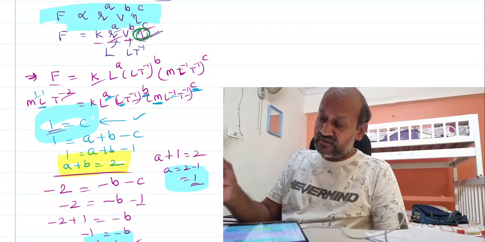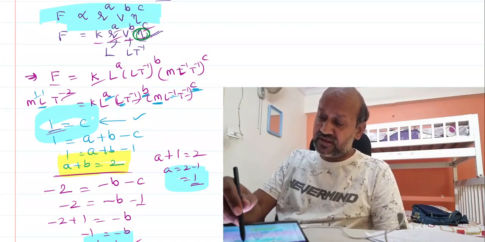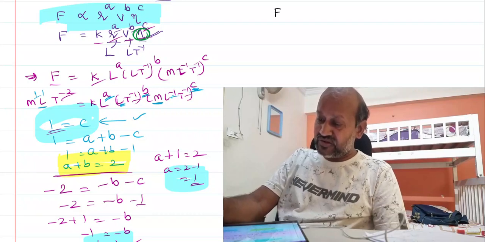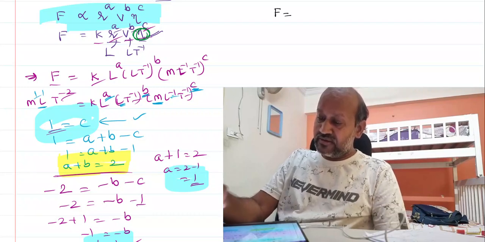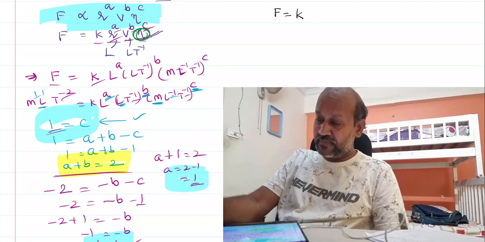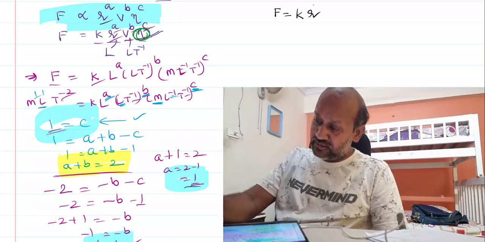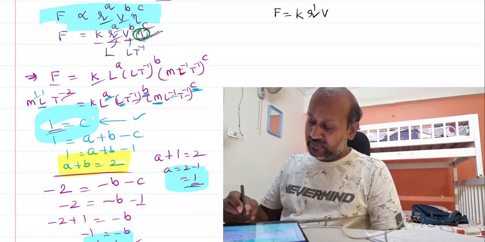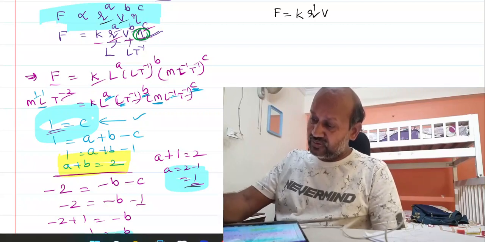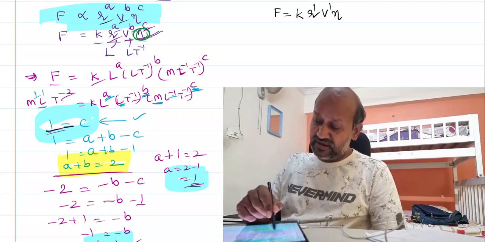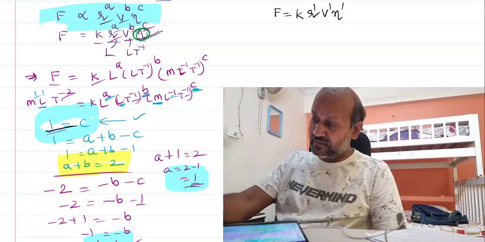Viscous force by a solid is some constant K, R is radius to the power of A, and we have found the value of A as 1. V is velocity, power of B, the value also found as 1. Coefficient of viscosity, power of C, value also found as 1.